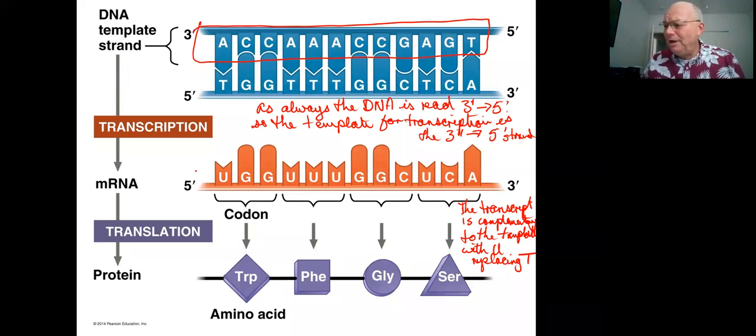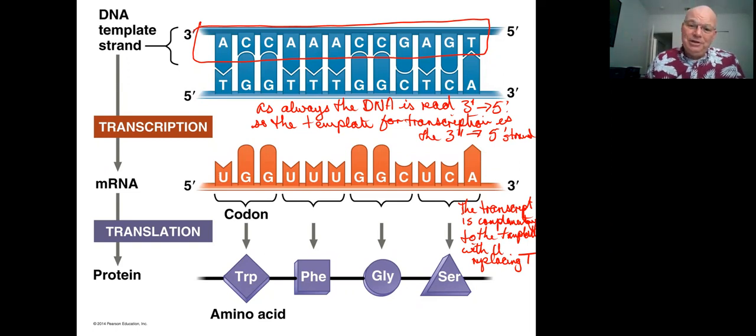And notice the messenger RNA runs 5' to 3' because it is complementary to the template strand, and the template strand is read 3' to 5'. So here is a little bit of a similarity to DNA replication. Remember, I indicated in DNA replication that the DNA polymerase always reads the template strand 3' to 5', and builds the complementary strand 5' to 3' by adding nucleotides to the 3' end.